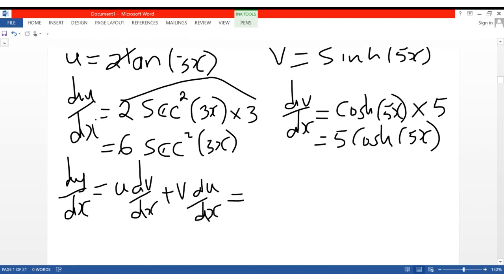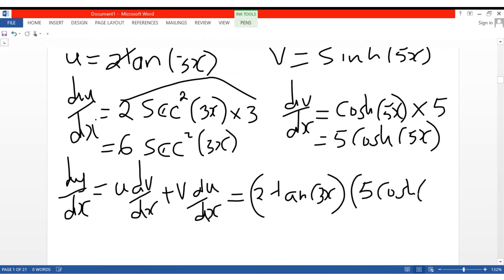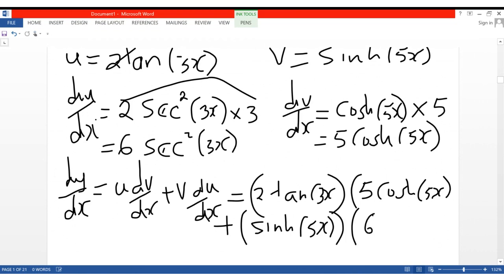My u was 2 tan 3x, and then my dv/dx I've differentiated is 5 cosh 5x, plus my v is sinh 5x, and then my du/dx was 6 sec squared 3x.